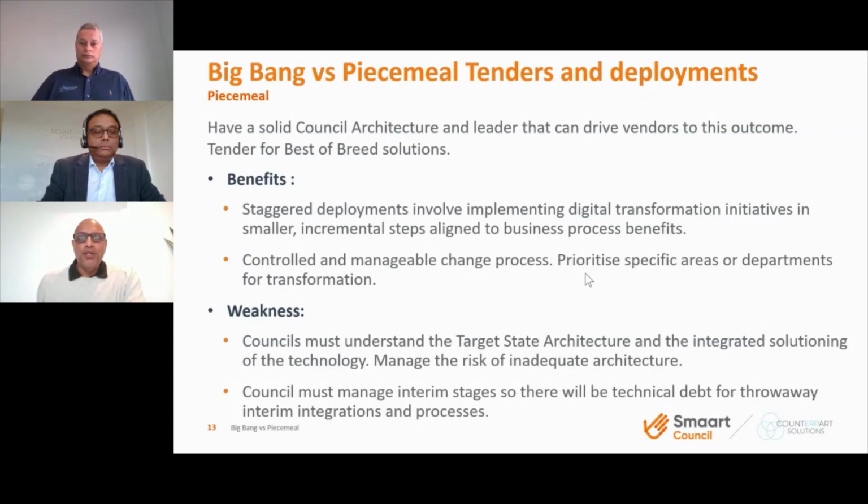Look at this as an opportunity to improve business processes or steps within the business where bottlenecks might occur currently. As a result, your staff will be able to focus their attention on items that really matter to the council, that potentially would add more real value, which may not be possible right now due to constraints within the current solution itself. So these are things not just for a Big Bang, but also for a piecemeal approach, things that I think the councils should look for as well.